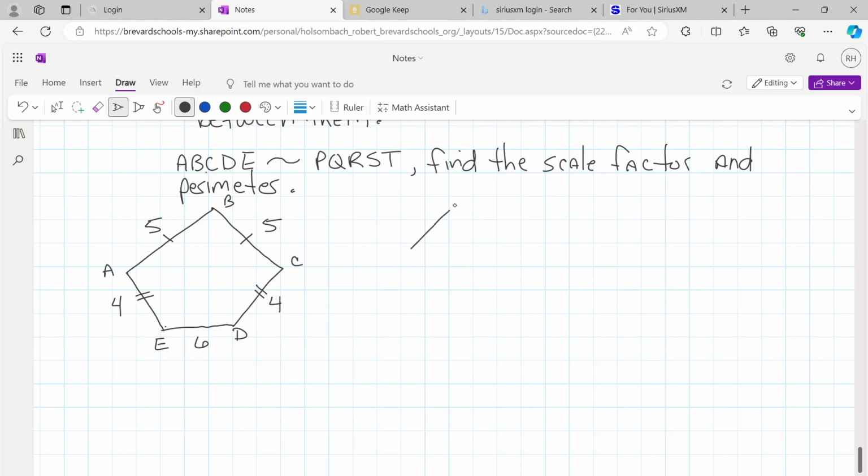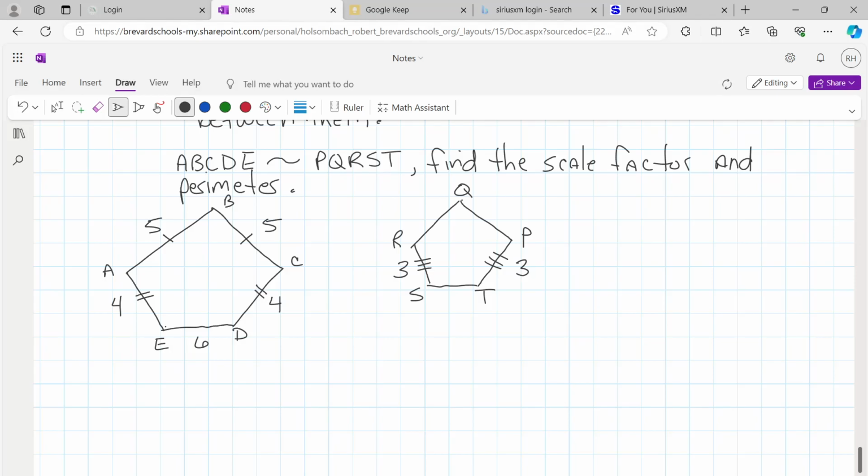We've got another pentagon that's smaller, PQRST. We're told that RS is equal to 3. And if RS is equal to 3, P to T also has 3 tick marks, so it's equal to 3.